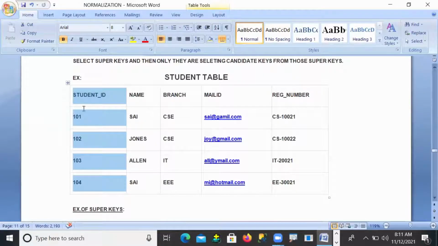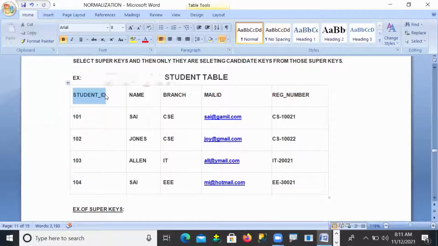Yes. So can I say the student ID column is a super key column as per the definition of super key? Yes.